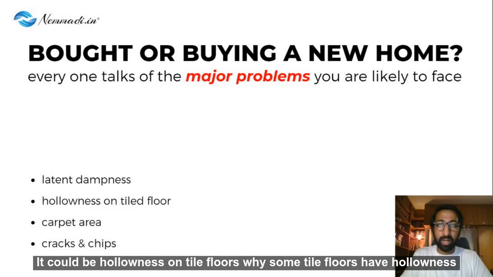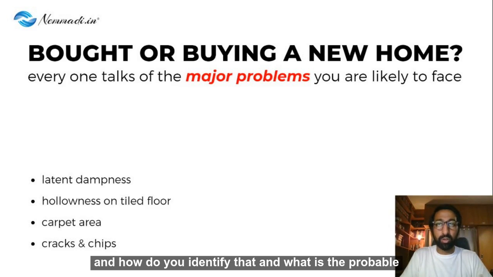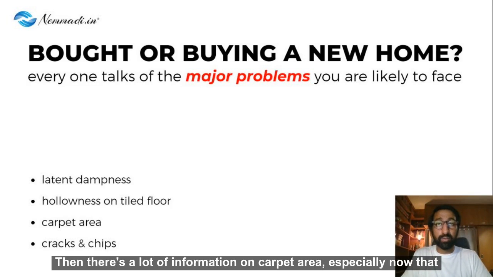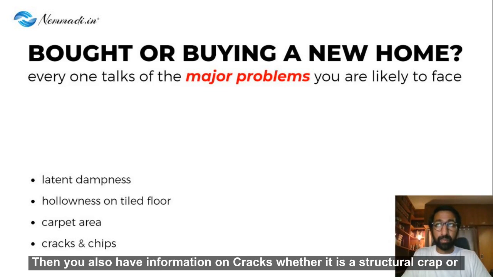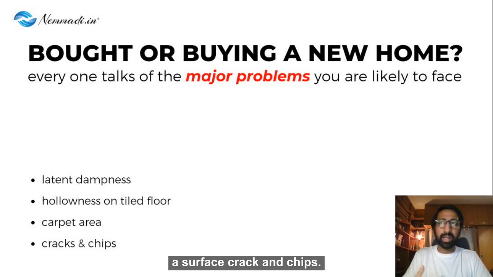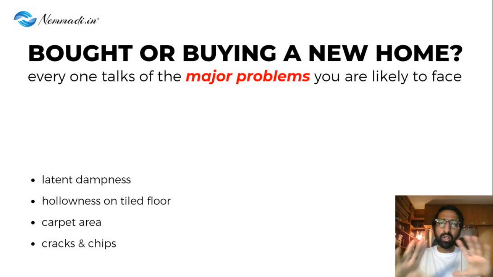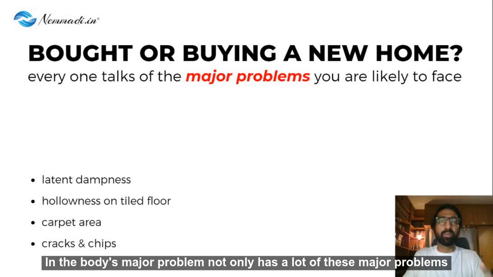Why some tile floors have hollowness, how do you identify that, and what is the probable solution so that you don't have hollow tiles. Then there's a lot of information on carpet area, especially now that there is RERA, which talks about how carpet area is defined. Then you also have information on cracks, whether it's a structural crack or a surface crack, and chips, right? So there's a lot of information about these major problems.